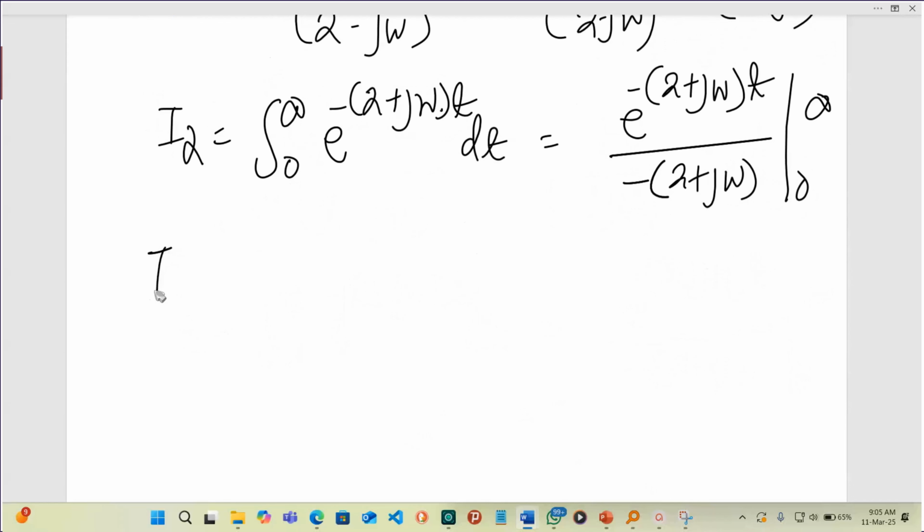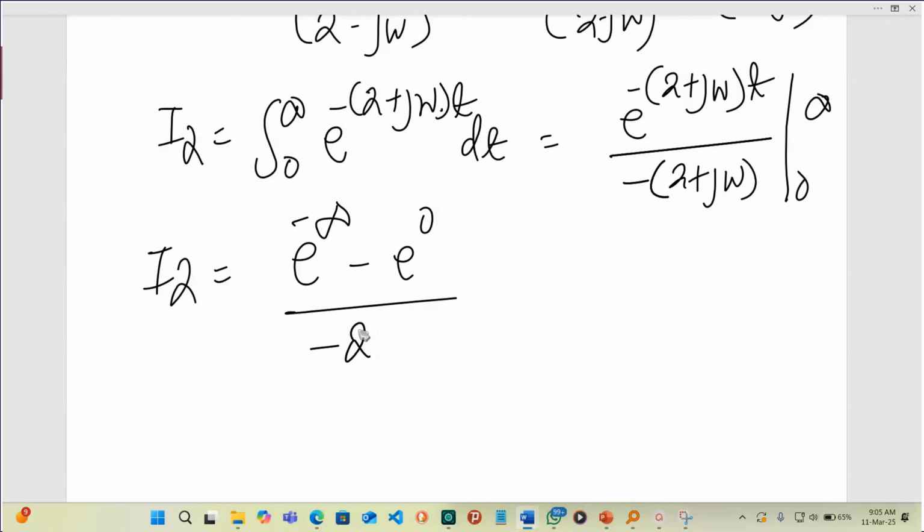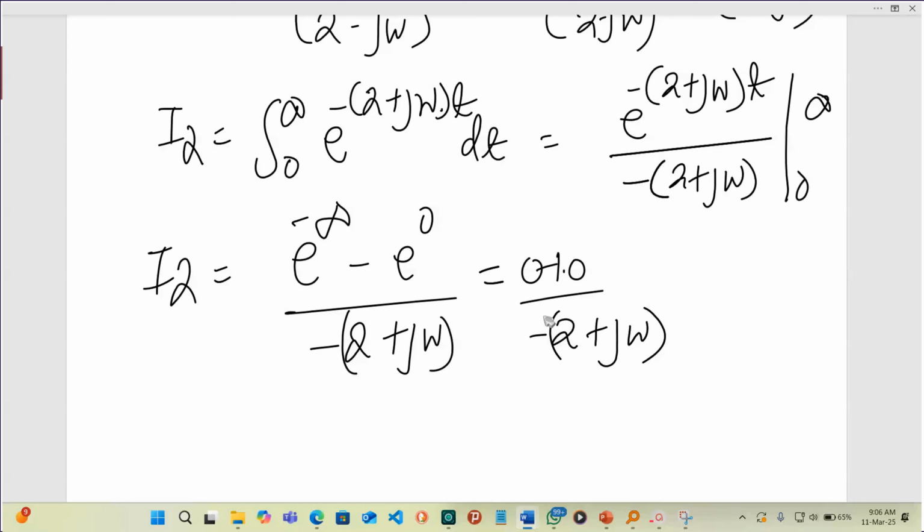So I2 becomes exponential of negative infinity minus exponential of 0, divided by negative (2 plus j omega). This becomes 0 minus 1 divided by minus (2 plus j omega). So this and that will go away, and then we will have 1 out of 2 plus j omega.